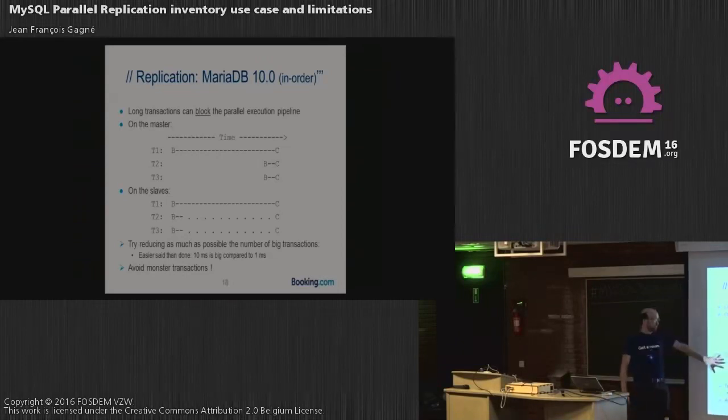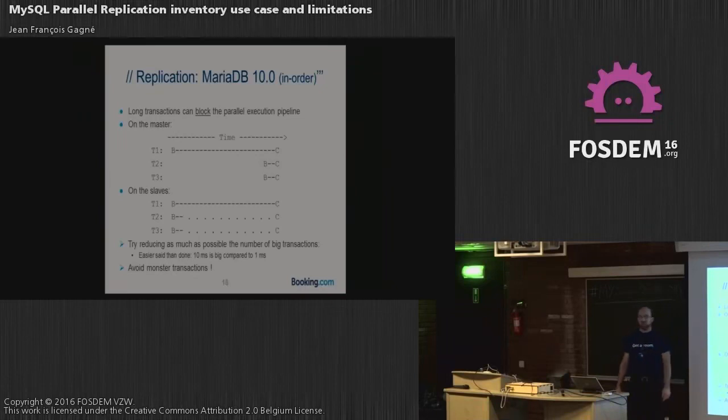So those monster transactions are blocking the replication pipeline. Let's suppose this transaction takes 100 milliseconds, and those transactions take 1 millisecond. Running that serially, single-threaded, would take 102 milliseconds. And now in parallel, it takes 100 milliseconds because that monster transaction takes all the time.